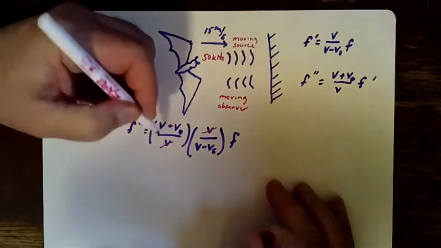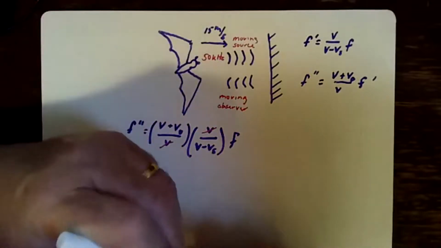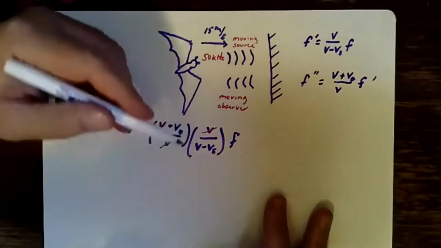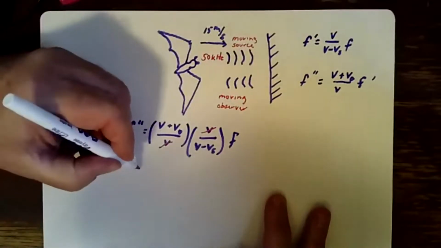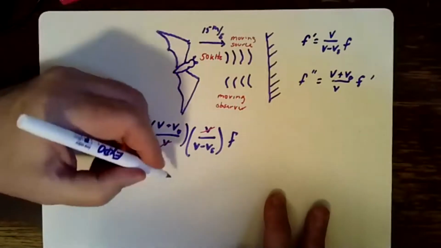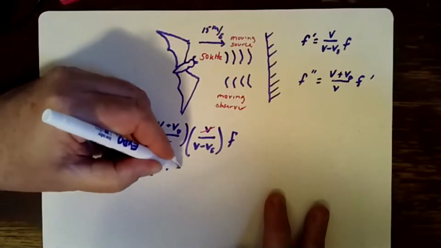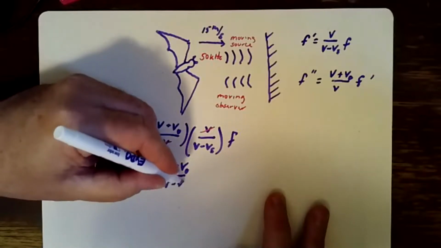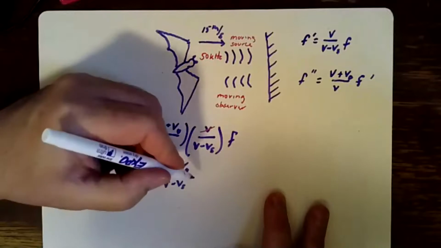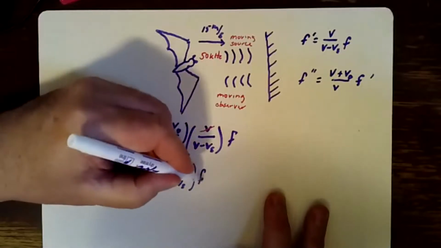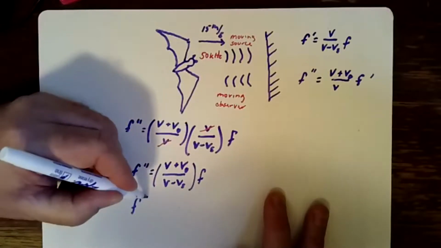So in that form of the Doppler equation where you have plus and minus in the numerator and minus plus in the denominator, you can actually do those at the same time. F double prime is going to be equal to V plus VO over V minus Vs, and VO and Vs are the same number, times F. So just one more line.